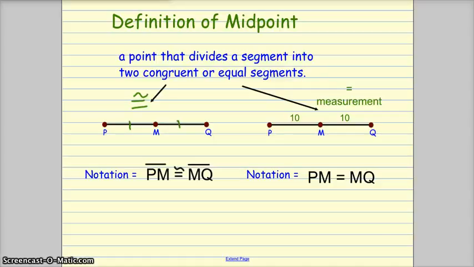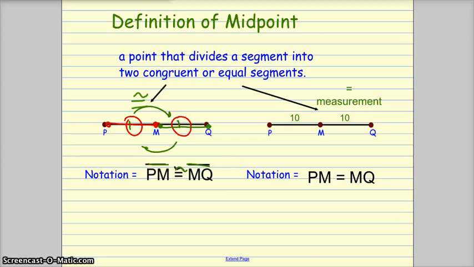When we discuss congruence, these little hash marks are present. I'm saying that this object from P to M and the object from M to Q are the same so that they could be reversed and the segment would be the same. Notice the notation, each of them are wearing all their little tops.